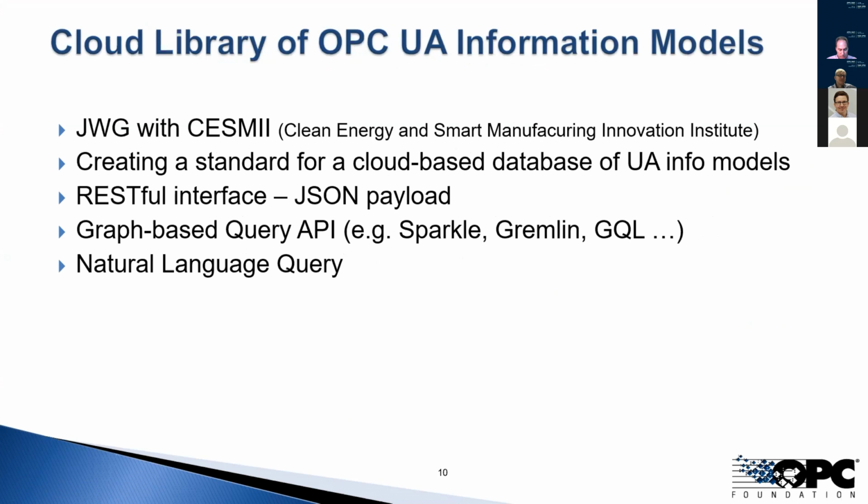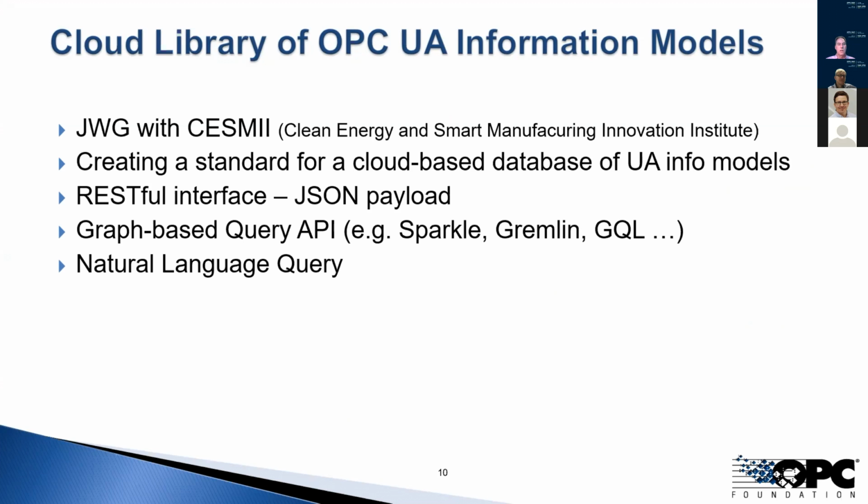A third example of where we're extending the UA information model outside of UA interfaces is our own cloud library joint working group with CESMII. This working group is working on a way to store, publish and provide OPC UA information models in the cloud, and store them in standard cloud-based databases.